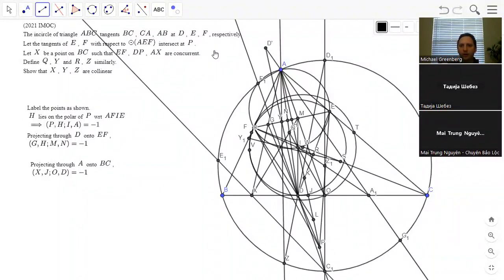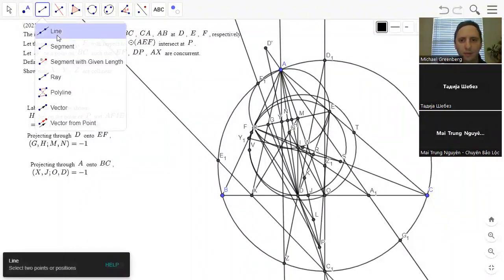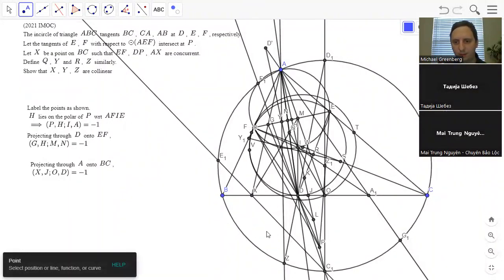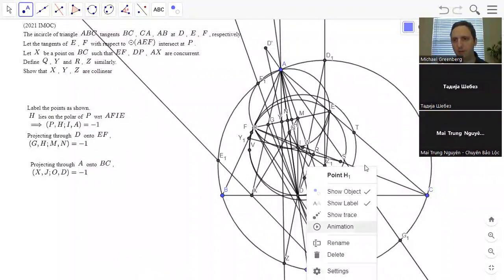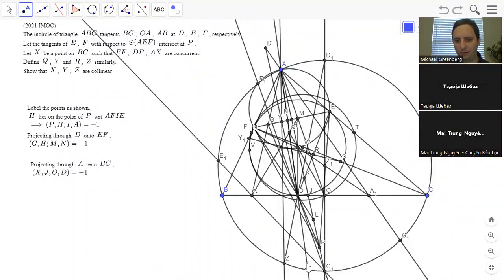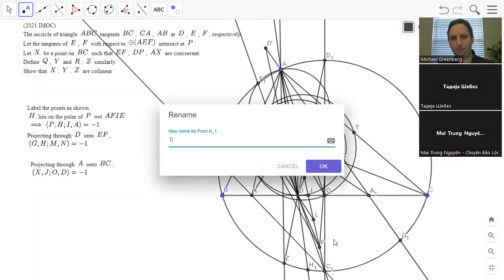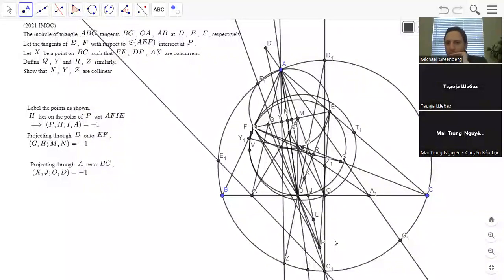Let AD cut O at T. So G1, TZ, C1 is harmonic.